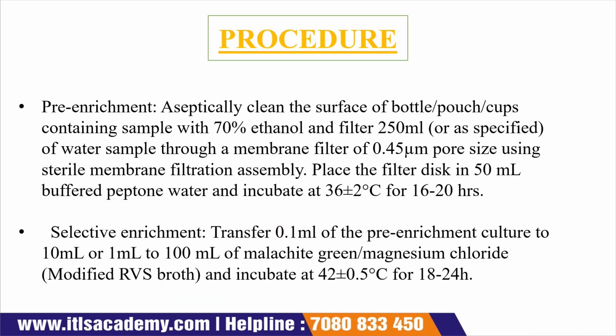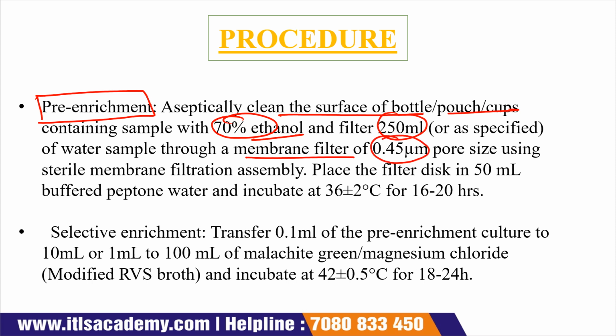Then the first step is pre-enrichment. In pre-enrichment, you have to clean the surface of the bottle, pouch or cup with 70% ethanol, the pouch or bottle in which the sample is present. Now you have to filter 250 ml of the sample with a membrane filter whose pore size is 0.45 micrometer, using a sterile membrane filtration assembly.